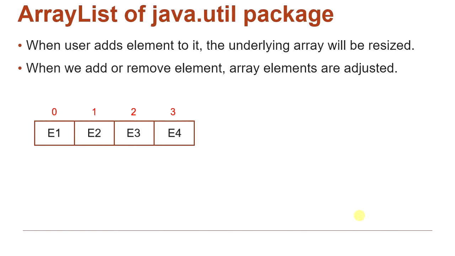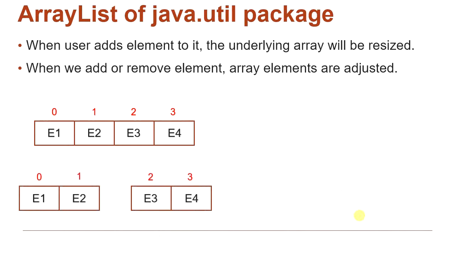Suppose we want to add an element at location 2, what happens? The elements at positions 2 and 3 are shifted towards the right. Then the new element occupies that free space. After this adjustment, the indexes look like this. The elements E3 and E4 are shifted towards the right.